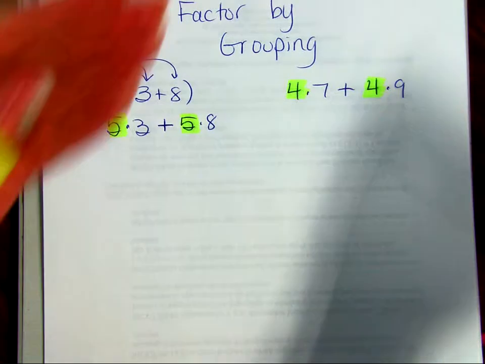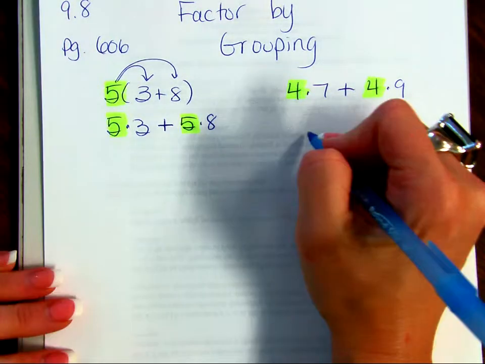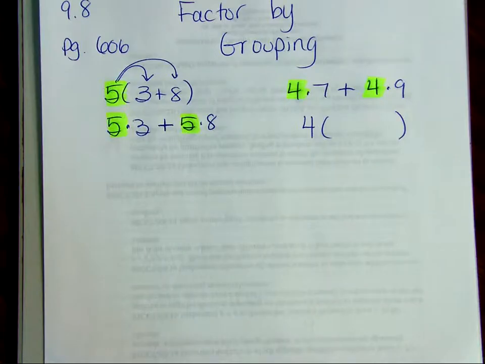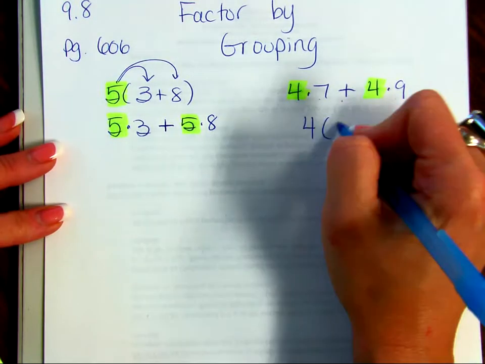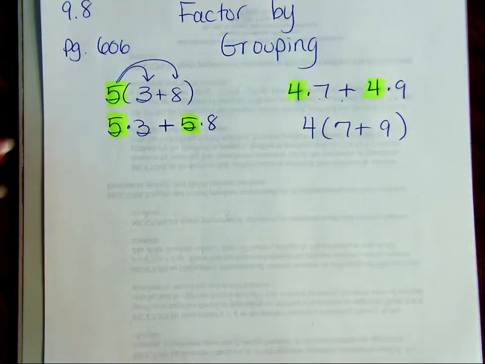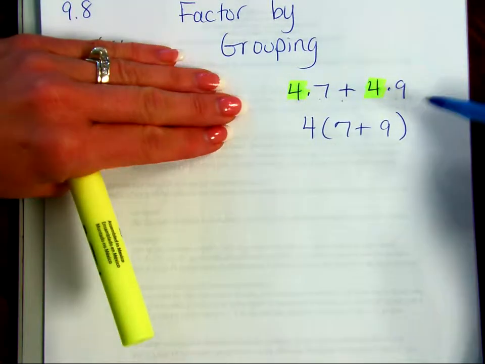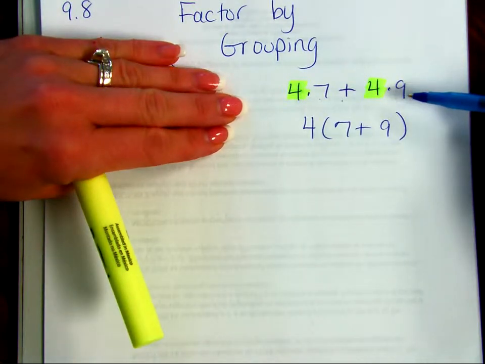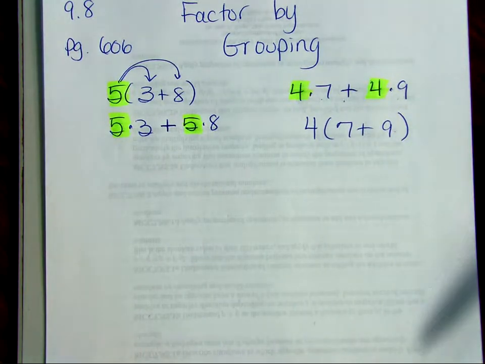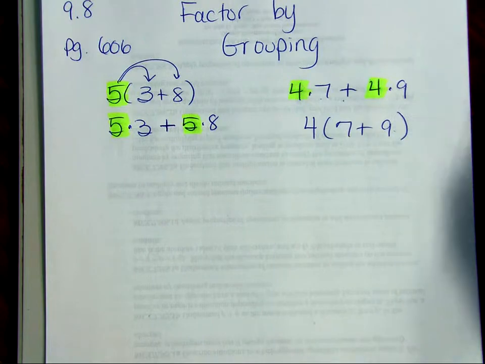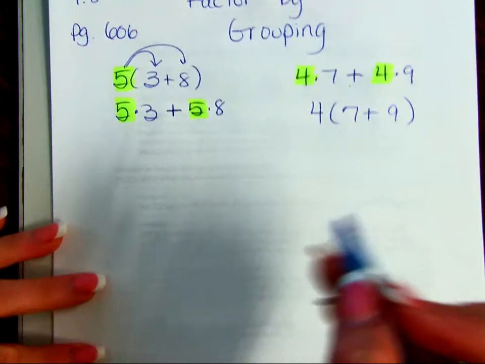So you pull what they have in common out, and you only need one of them. And then what's left? 7 plus 9. This is the basic way that the distributive property works. If I give you something, you have to recognize what's in common, pull that out, and say, oh, that just means they must multiply 7 plus 9 times 4. Instead of doing it twice, they did it once.